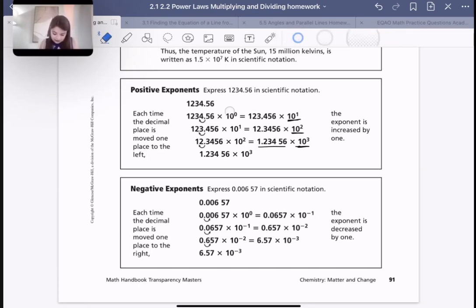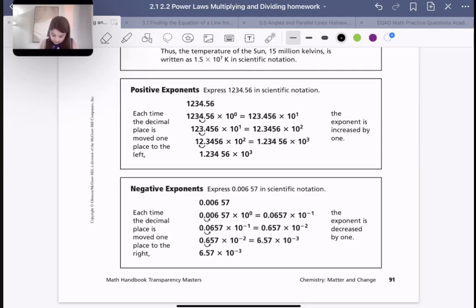For negative exponents, like when we're expressing 0.00657 in scientific notation, every time we move it to the right and multiply by 10, now we've got to divide by 10 to counteract that. And how do we divide by 10? By multiplying by 10 to the power of negative 1, right? Because 10 to the power of negative 1 is the same thing as 1 over 10, right?